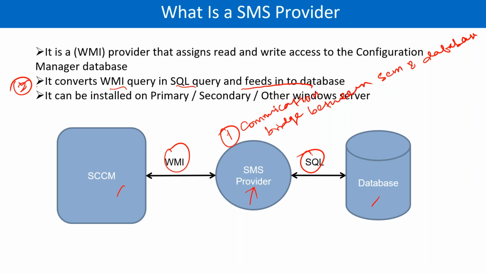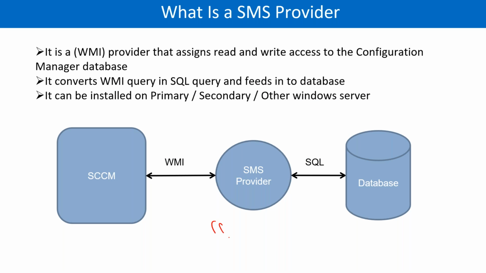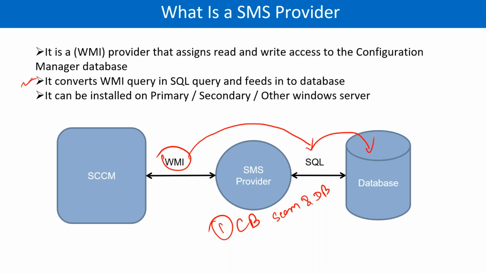Let me write it down. First point, it's a communication bridge between SCCM and database, right? Second point is it converts WMI query into SQL query. So whatever WMI query we have, it will convert into SQL and then feed into the database.